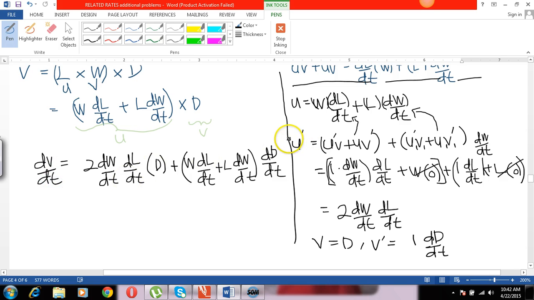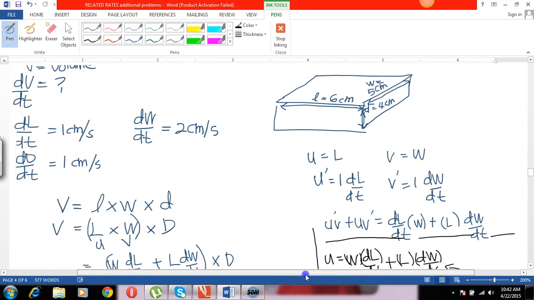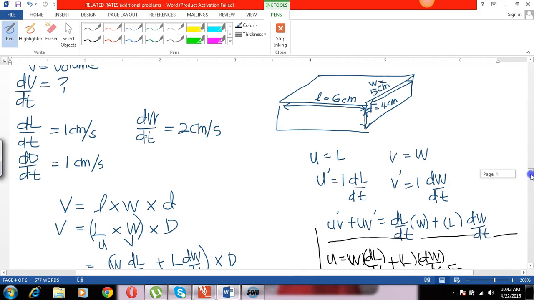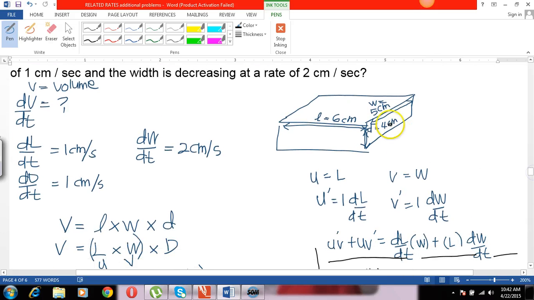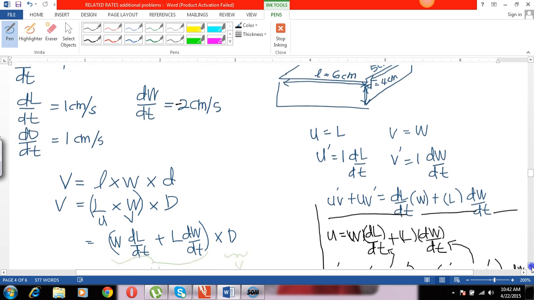Okay, so now we have to substitute all the information given from the beginning of the question. We know that W equal to 5, L equal to 6, t equal to 4. Then we have dL over dt equal to 1, dt over dt equal to 1, and dW over dt equal to negative 2 cm per second, because the width is decreasing.